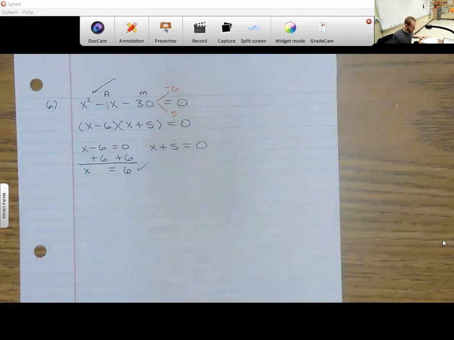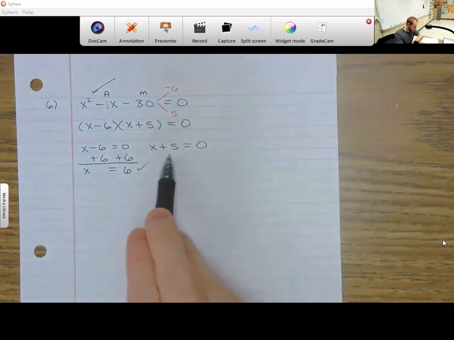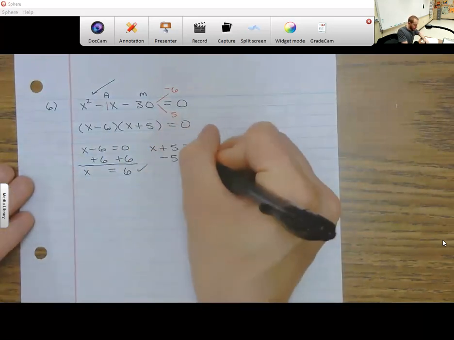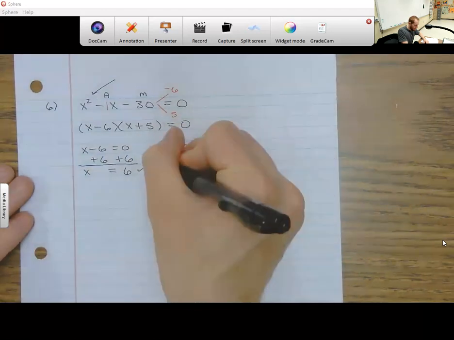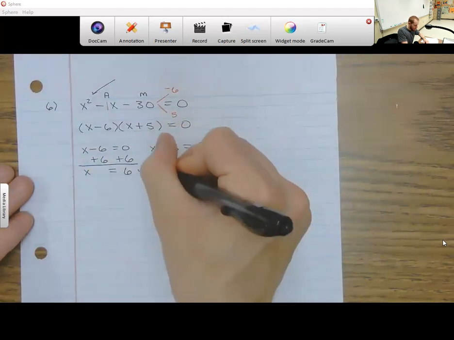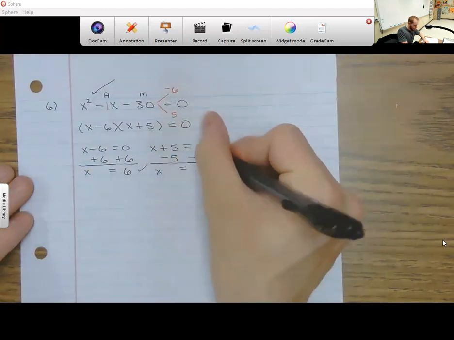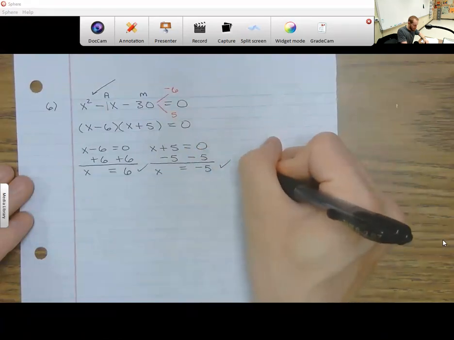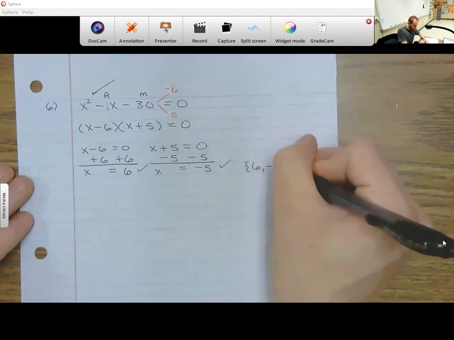That's always going to happen. Up here, I got x plus 5 equals 0. So I'm going to subtract 5 from both sides. That way, that'll get rid of that positive 5. And I get x equals 0 minus 5 is negative 5. So here's my solution set. Positive 6, negative 5.